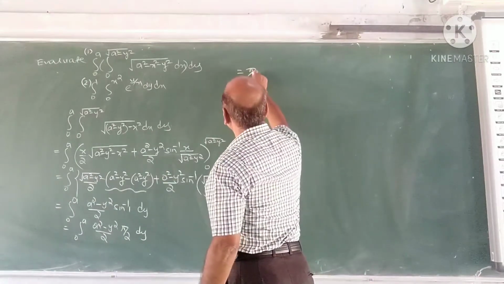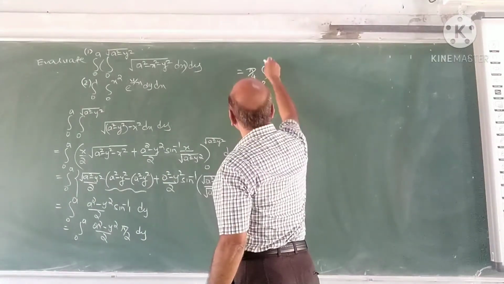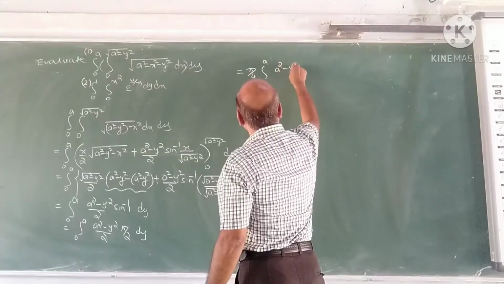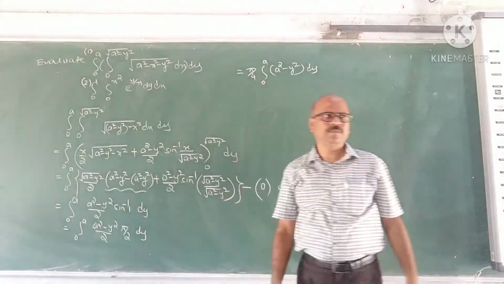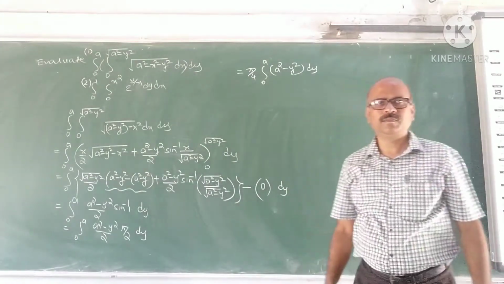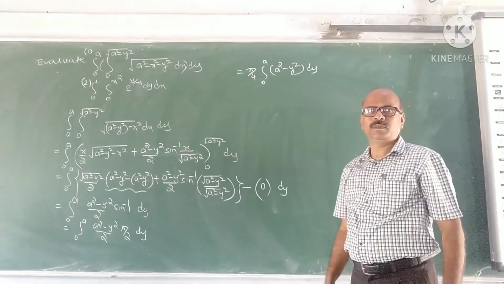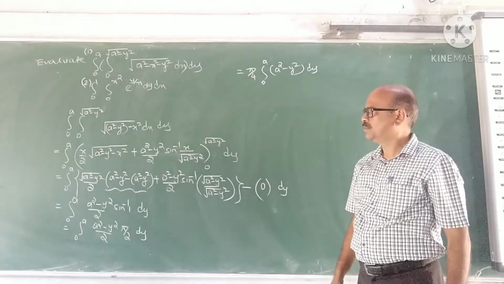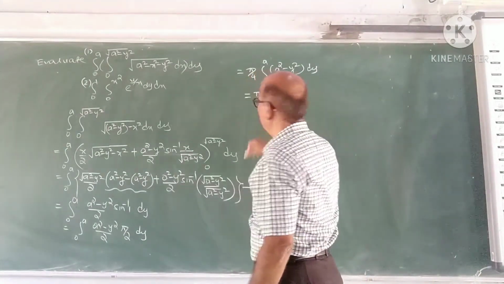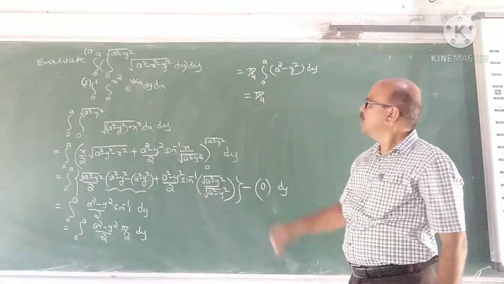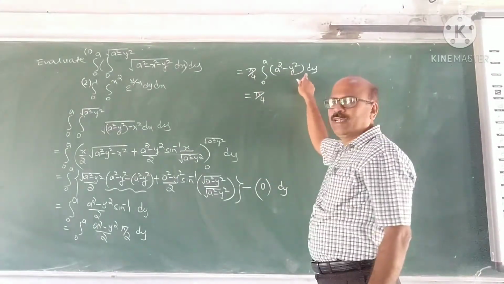Therefore, pi by 4 integral 0 to a of a square minus y square with respect to y.